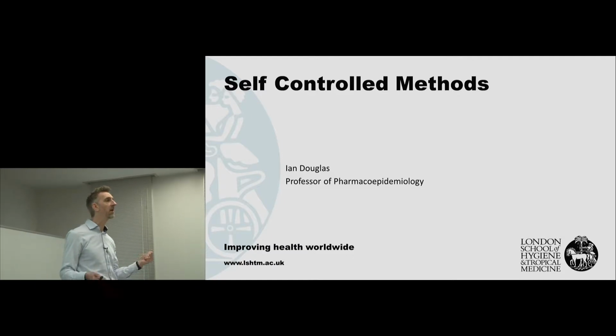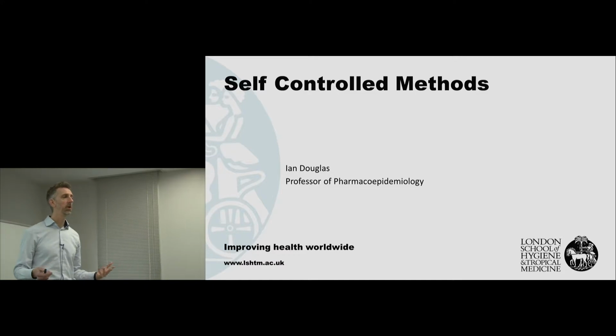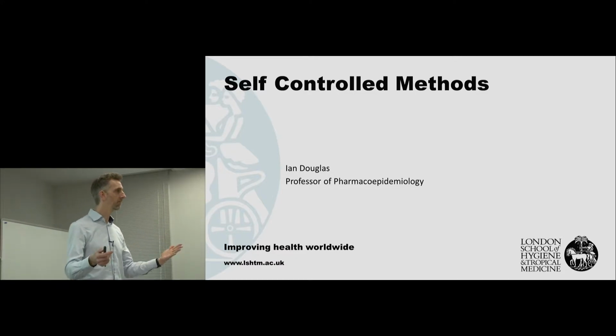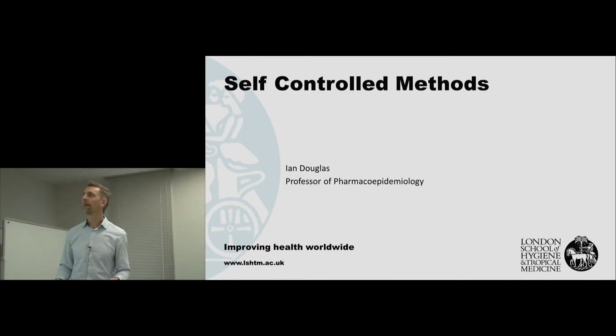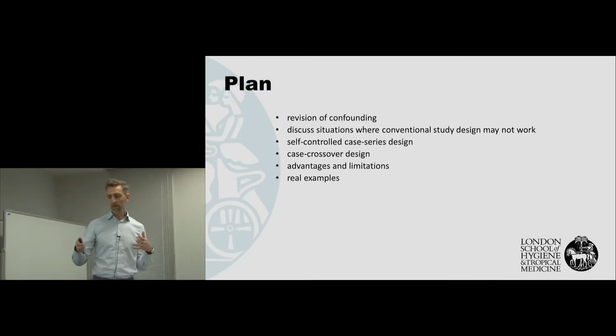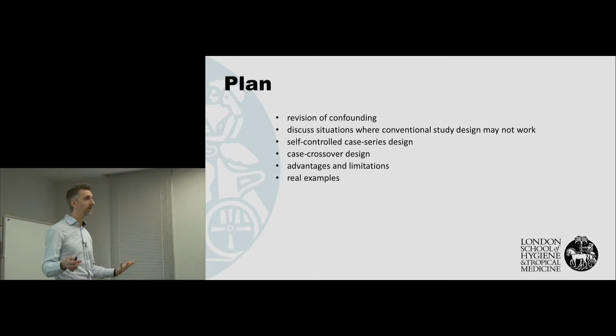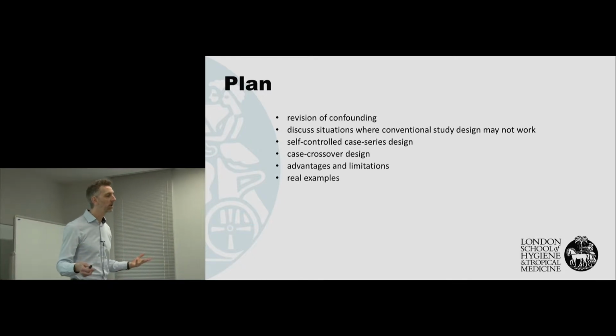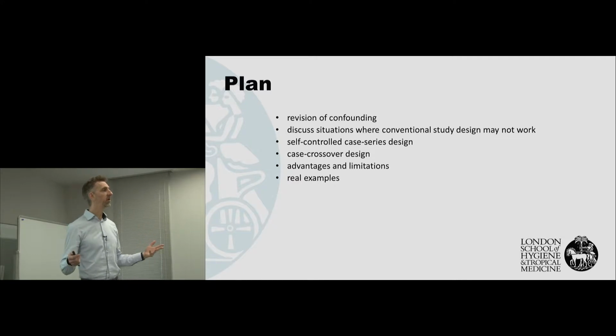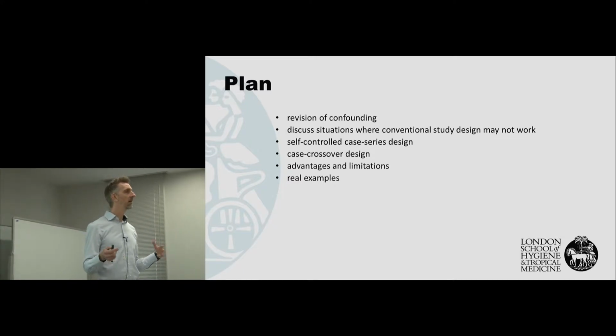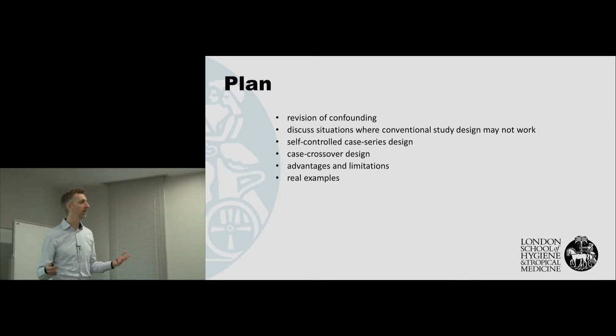Okay, that's good. So the talk I'm giving assumes that you know nothing about self-controlled methods. So if you know nothing, it's for you, it's good. We're going to start by thinking about confounding, a familiar topic, and then we'll discuss some situations where I think the conventional study designs may not work very well.